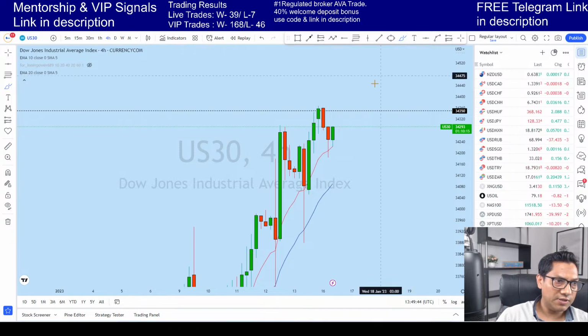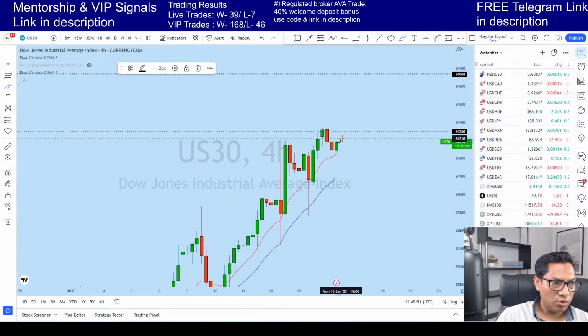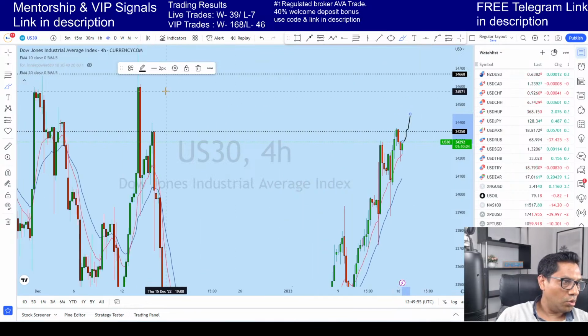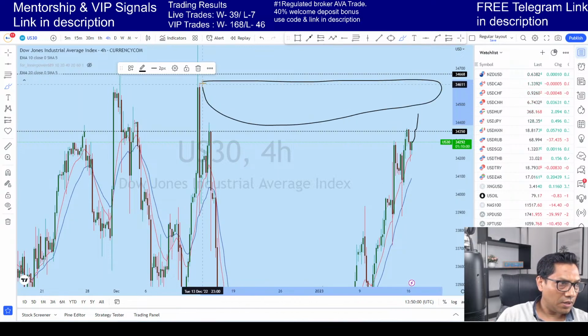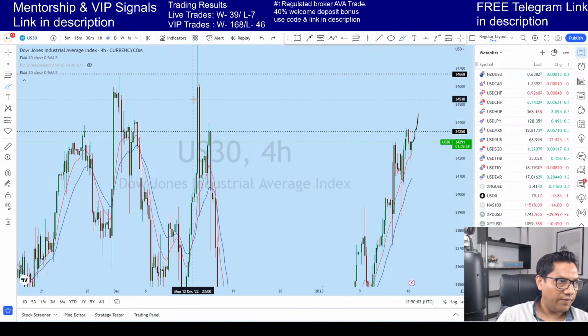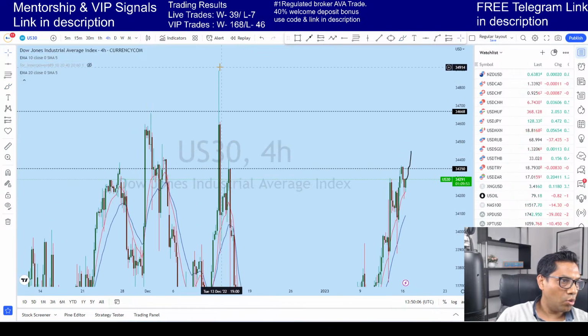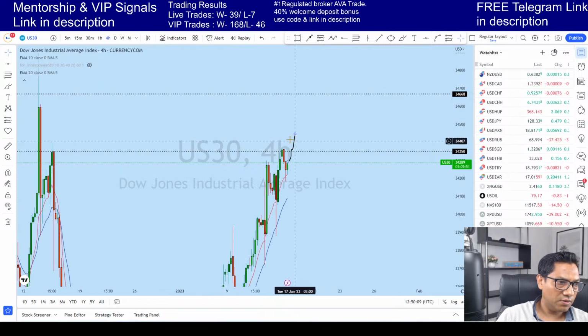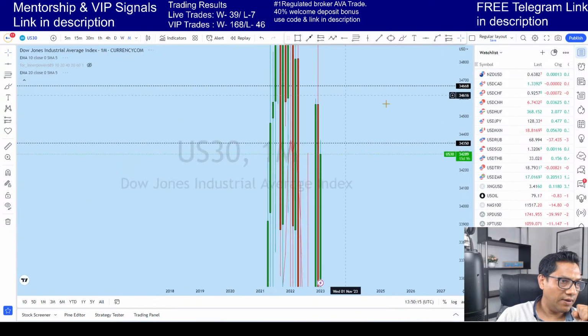You can see this current candle is going up, and I think the price will push up, will break this level, and will go to this zone where there is a no man's land. From that level, especially this long wick zone, you will see a reversal. So US30, I think, is still remaining bullish. If we look at those levels on the monthly, yeah.